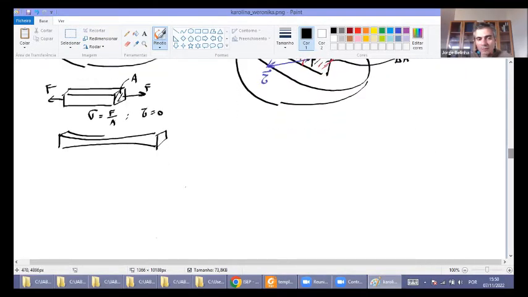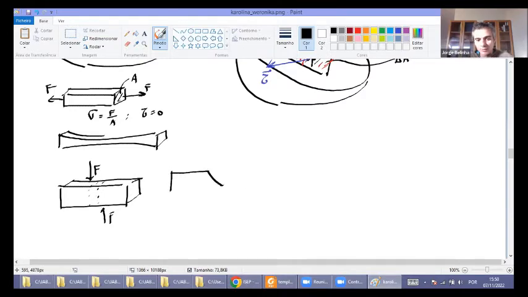If you take, for example, a body like this, and here you apply a force in this direction, and here a force in the opposite direction, but they are not aligned, your body will do something like this. It will collapse because of this.